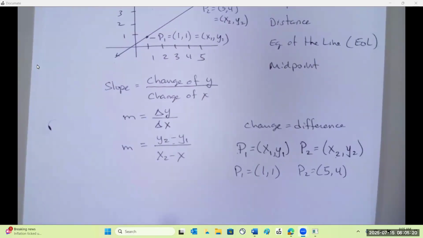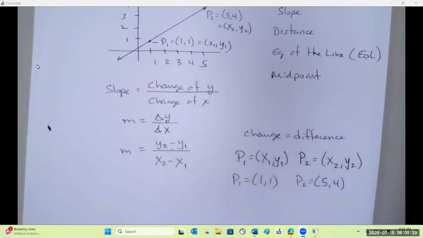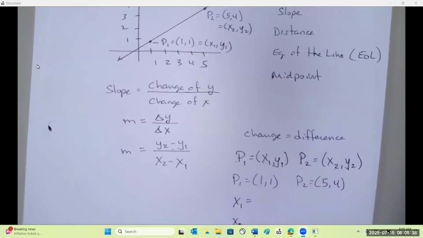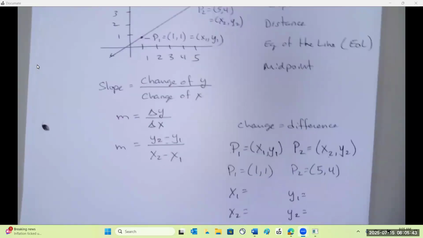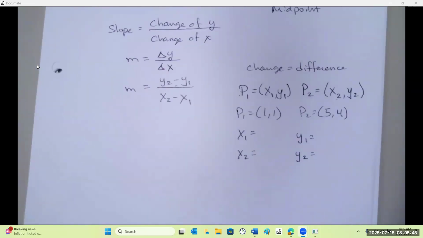The biggest mistake I see students make is y2 minus y1. They'll go to the first point, 1, 1, and do that. It's just because they're in a hurry. So the first thing you should do is label your values. Because once you do that, then it's a matter of plug and play. That's all mathematics really is. It's a matter of plug and play once you get to where you're supposed to be.